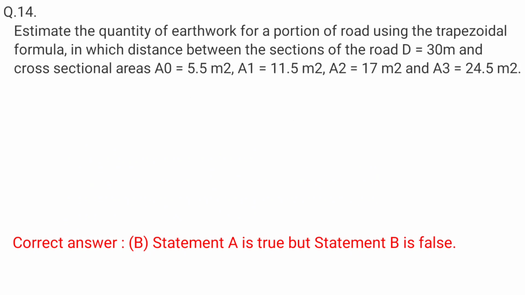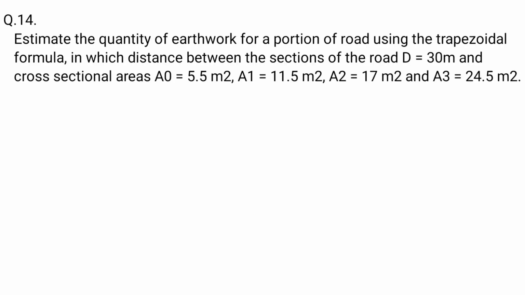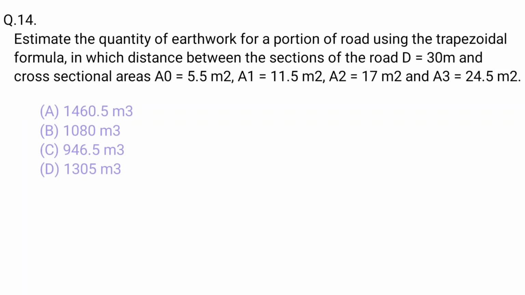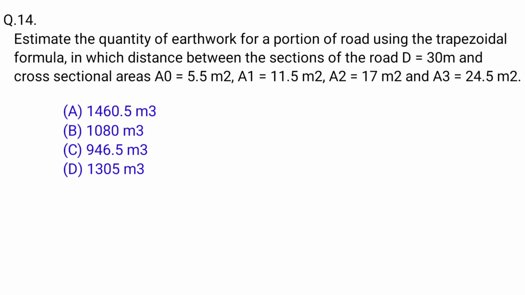Next. Question number 14. Estimate the quantity of earthwork for a portion of road using the trapezoidal formula, in which distance between the sections of the road D is equal to 30 meters and cross-sectional areas A0 is equal to 5.5 square meters, A1 is equal to 11.5 square meters, A2 is equal to 17 square meters, and A3 is equal to 24.5 square meters.